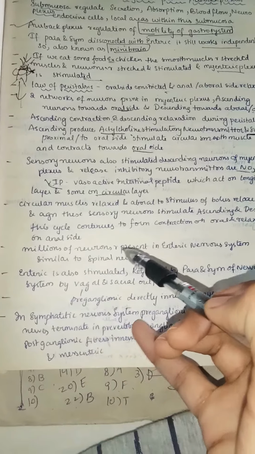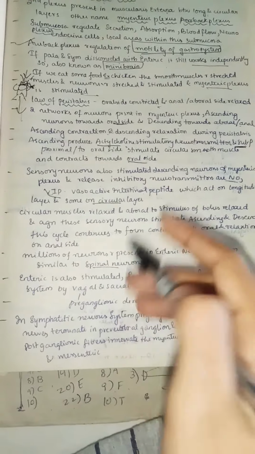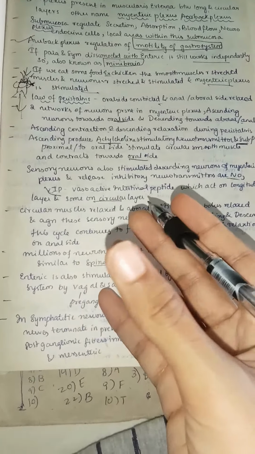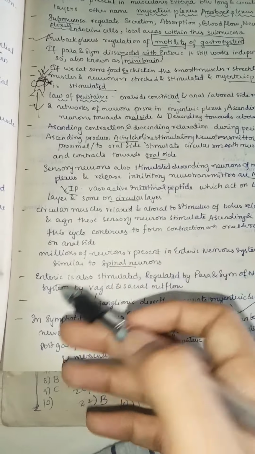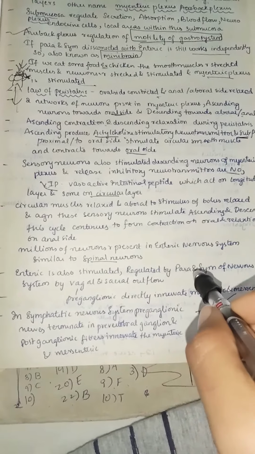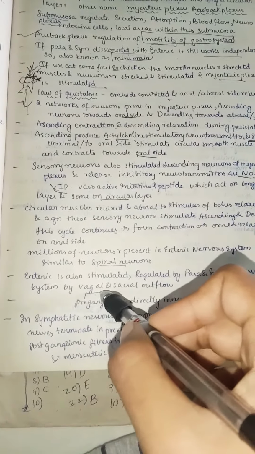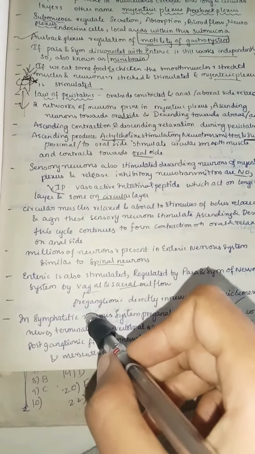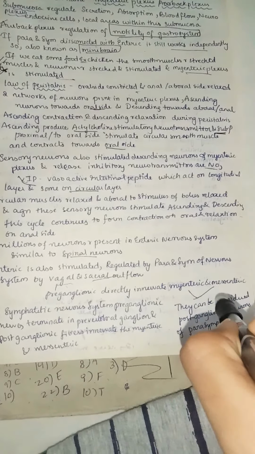Millions of neurons are present in the enteric nervous system, similar to the spinal neurons. Even in the spinal cord, how many neurons do you have? Millions. The same number are also present in the enteric nervous system. The enteric nervous system is also regulated by the parasympathetic and sympathetic nervous systems, by both vagal and sacral outflow. In the vagal, especially, we have preganglionic fibers, which directly innervate the myenteric and submucosal plexuses.